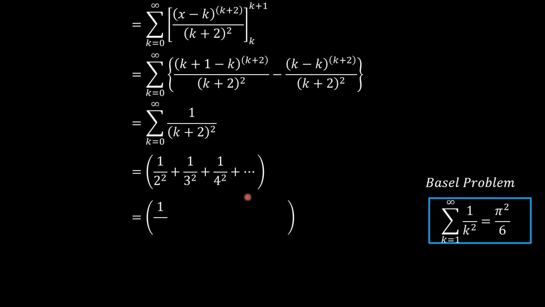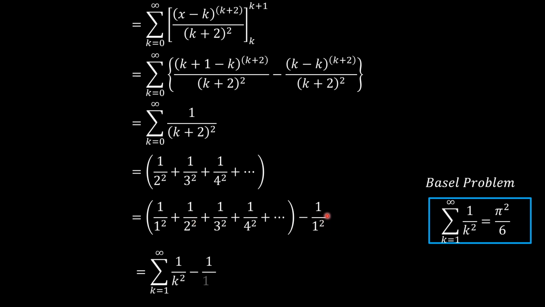But then what this means is that our problem here is the same as the Basel problem minus 1 over 1 squared, because the 1 over 1 squared and this one would cancel, but we want to express it this way so that we can substitute pi squared over 6 in place of this, minus 1 over 1 squared, which is 1.